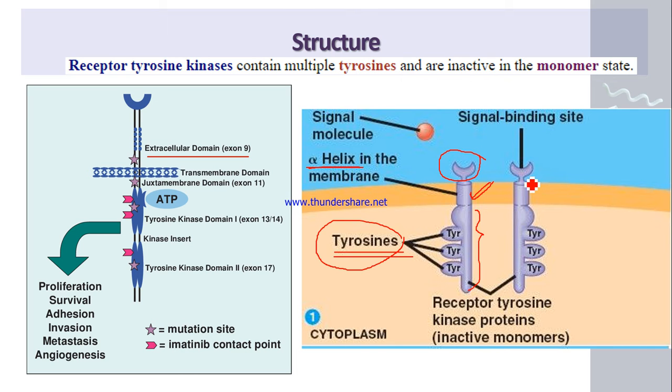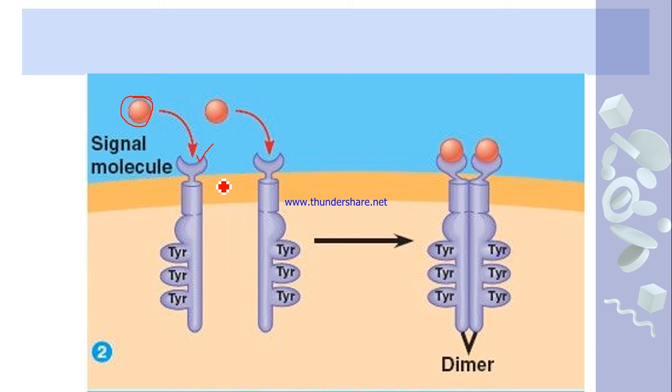So the signaling molecule will come and sit here, and then these two monomers will come closer and fuse together, and form the dimer.